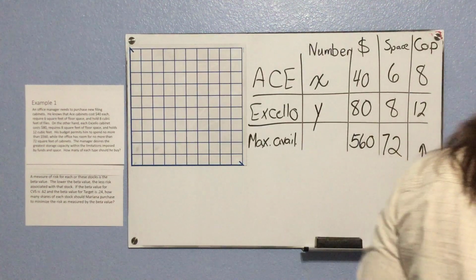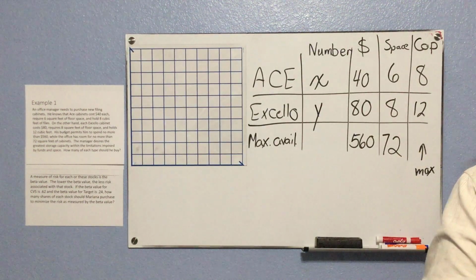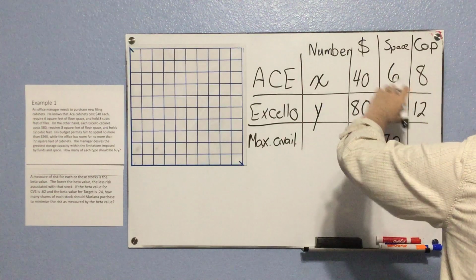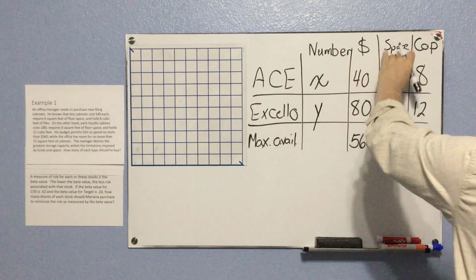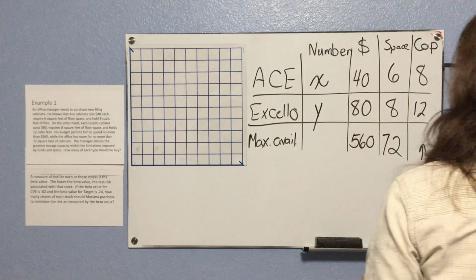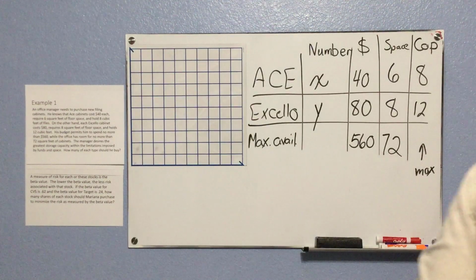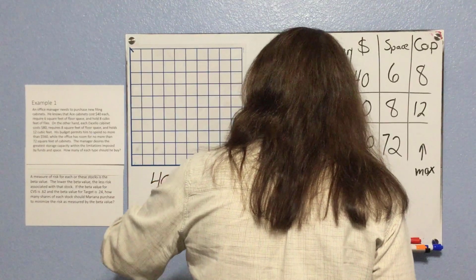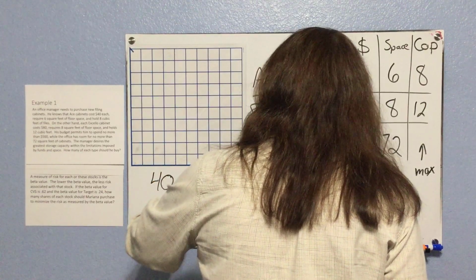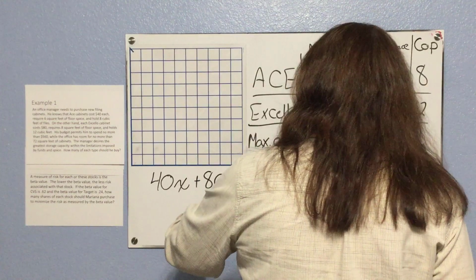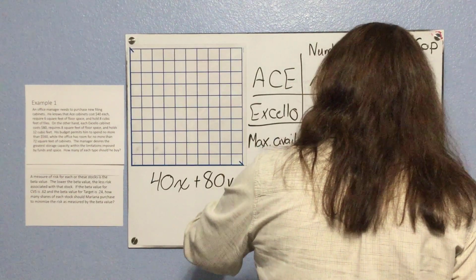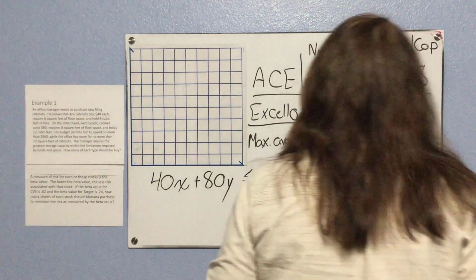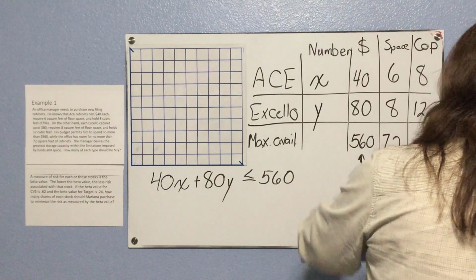So now we've got our information set up in a table, and we can use the table to write some constraints. The constraints are going to come in the form of money constraints and space constraints. So I will say that 40x plus 80y, which would be the money, has got to be less than or equal to $560. So that's this column.